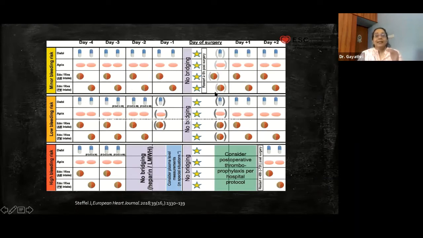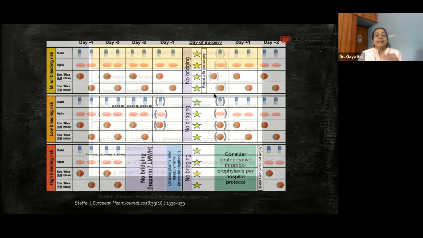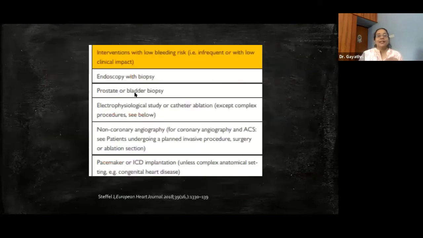Now, come to the next one, that is surgeries which have low bleeding risk. Which are these? Biopsies, right? Endoscopy with biopsy. In the previous category, biopsy is not included. Here we have prostate or bladder biopsy, electrophysiological studies, ICD implantation, and non-coronary angiography.